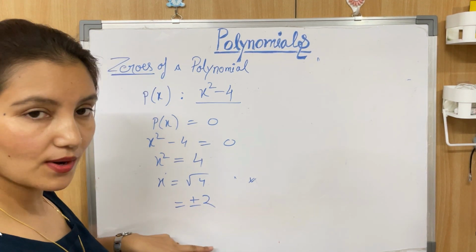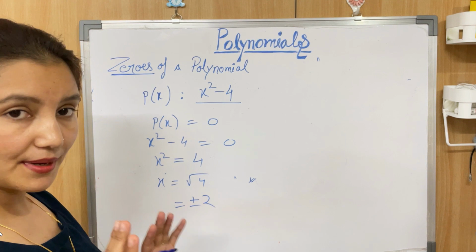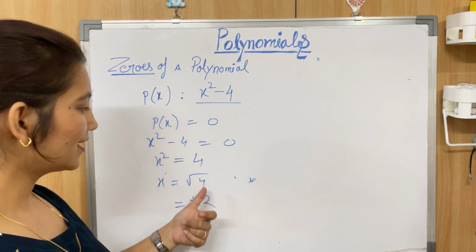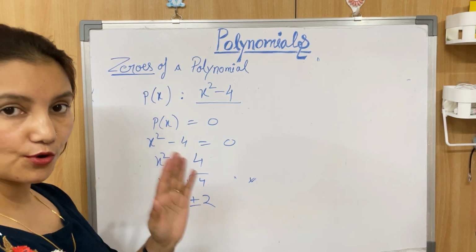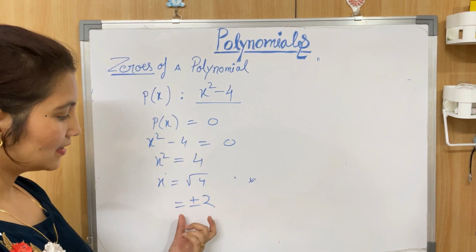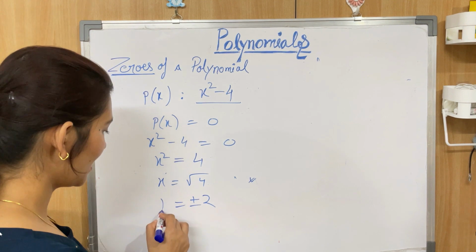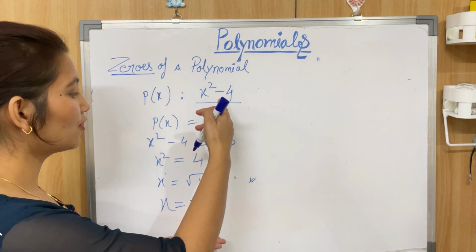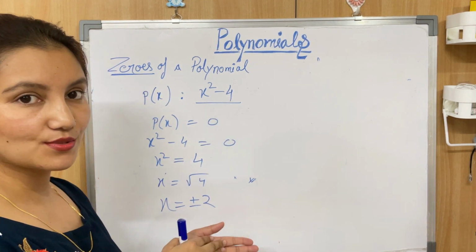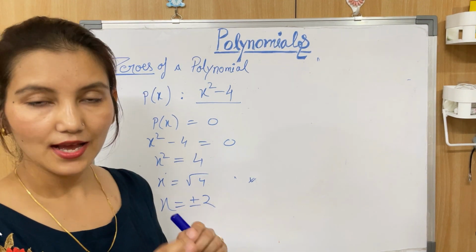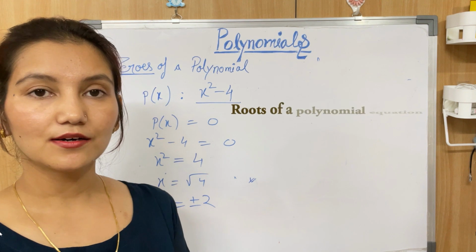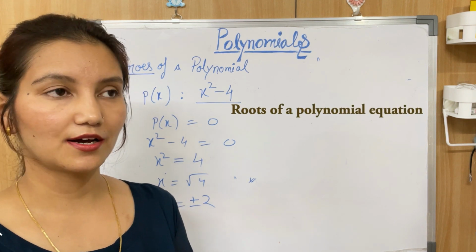You know why there are two answers, +2 and -2? Because +2 on squaring gives you 4, and -2 also on squaring gives you 4. That's why √4 will be either +2 or -2. So the zeros of this polynomial are +2 and -2. Now we will discuss what the roots of a polynomial equation are.